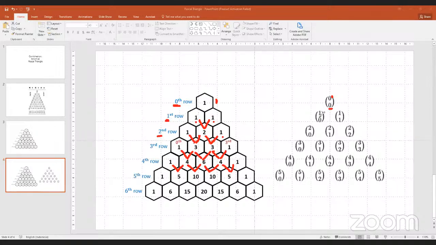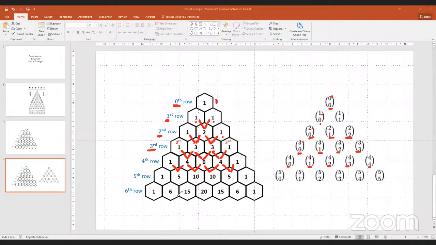Row 1, that is that one, choose 0. Row 2, that is that one, choose 0. Row 3, 3 choose 0. And then you work out also 1 choose 0, 1 choose 1. 2 choose 0, 2 choose 1, 2 choose 2. So it is 0, 1, 2. 0, 1, 2, 3. 0, 1, 2, 3, 4. And so on.